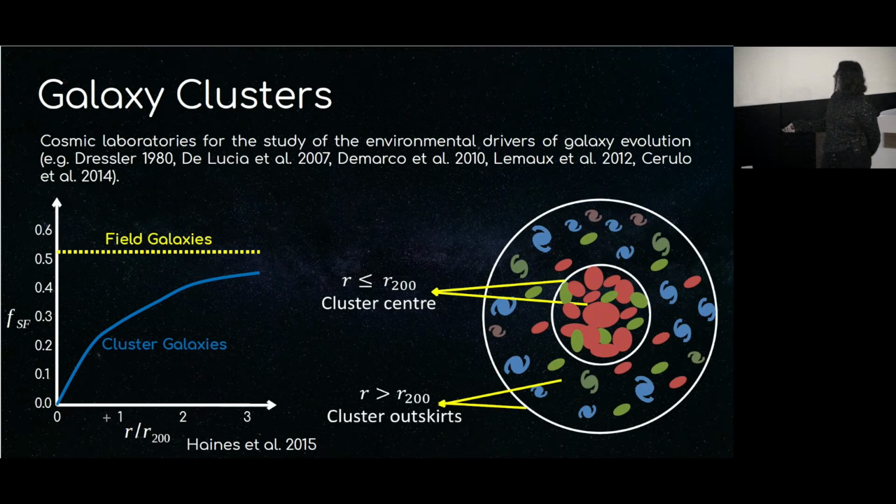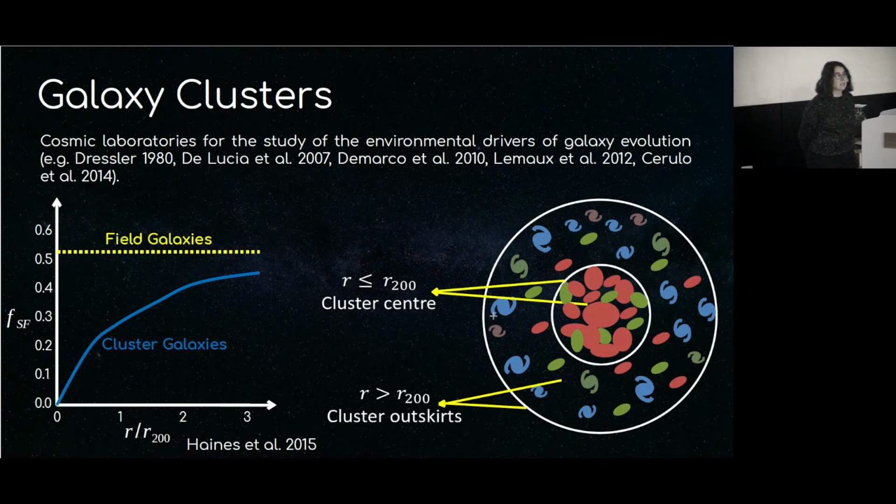Also, galaxy clusters are the ideal laboratory for the study of the environmental drivers of galaxy evolution, because they offer us a broad range of densities and a big number of galaxies in different environments, from the dense cluster cores to the sparse cluster outskirts.